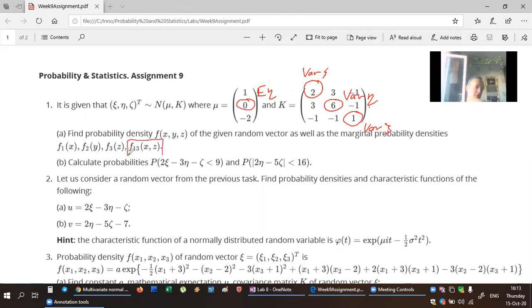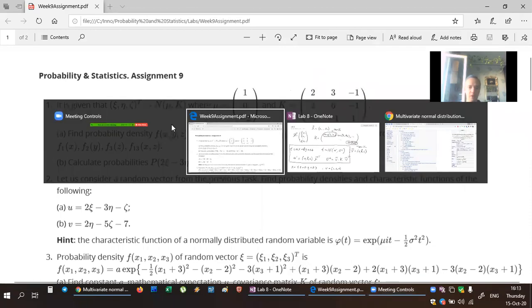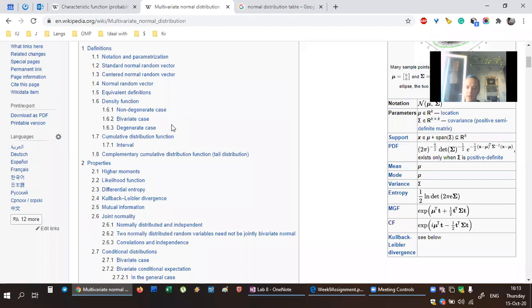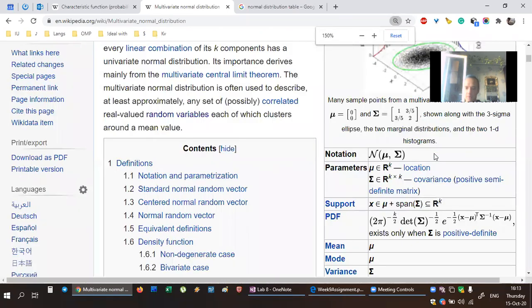So I ask you to solve this part. Find the f13 of x and z. Just a quick reminder, how does this probability density function look like in case of a random vector? You had it on the lecture, but let me remind you.